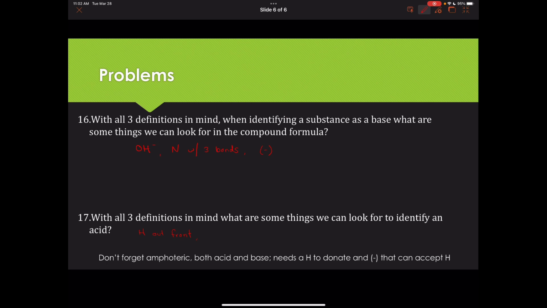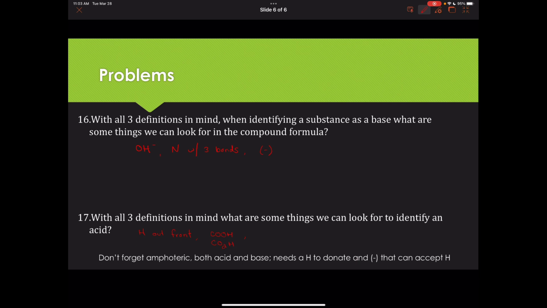The one exception where we're not going to see the hydrogen up front is when we have our carboxylic acid, a COOH or a CO2H. Those usually have the hydrogens listed last. So we can have hydrogens out front or a COOH. Those have got those polar hydrogens that can be donated.